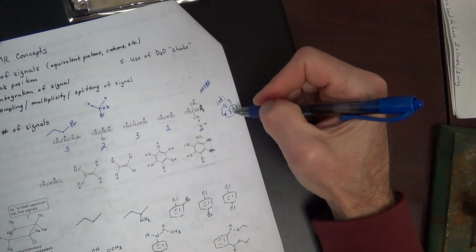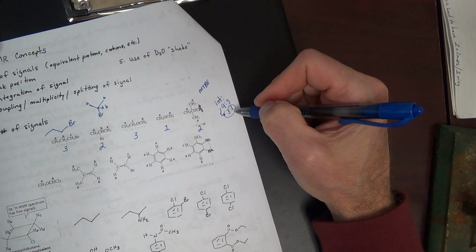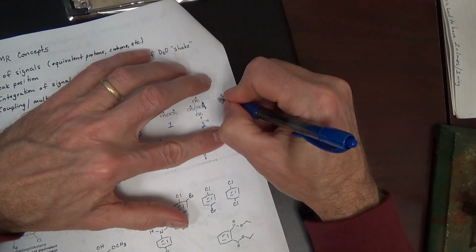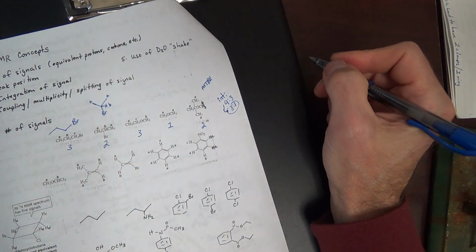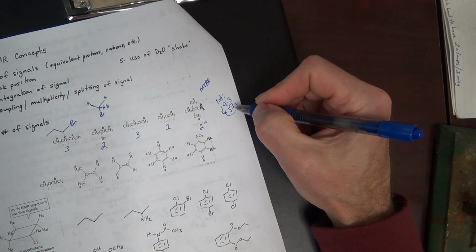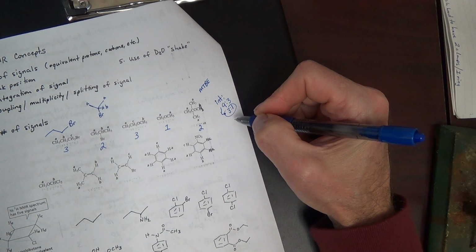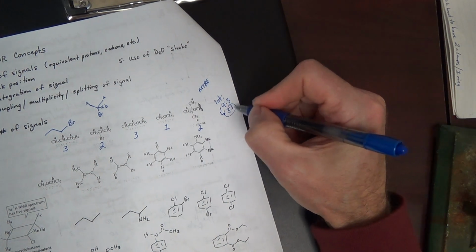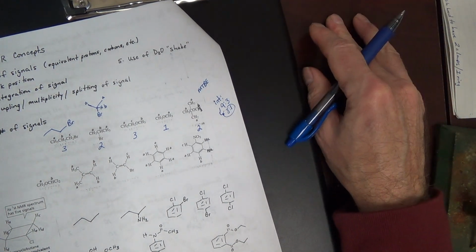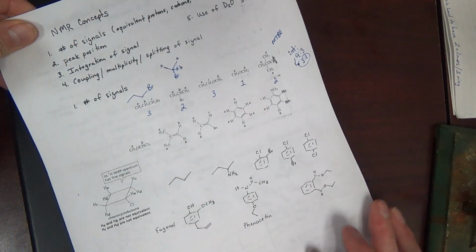The integration just comes from the number of H's for each signal. One of the powerful things about proton NMR is that the signal height, the signal intensity, correlates with number of hydrogens, and we can use the signal height or the integration to tell us how many H's each signal is for.